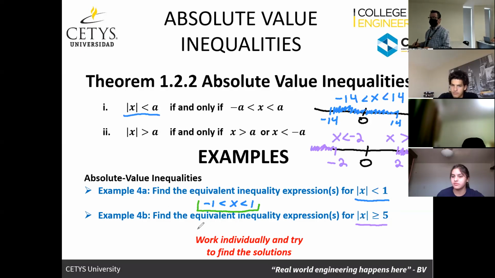So we would have x is less than or equal to -5, and we need to include the equal because the inequality is mentioning it. x is less than or equal to -5, and x is larger than or equal to 5.